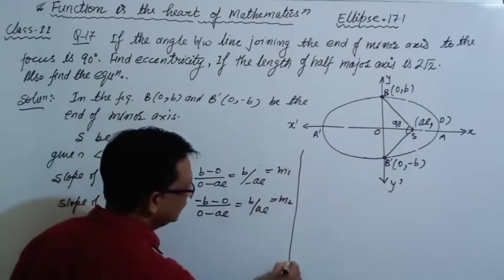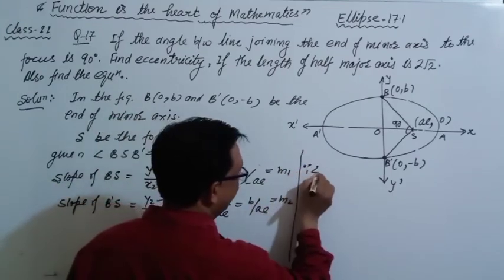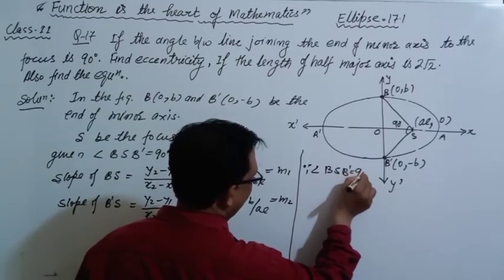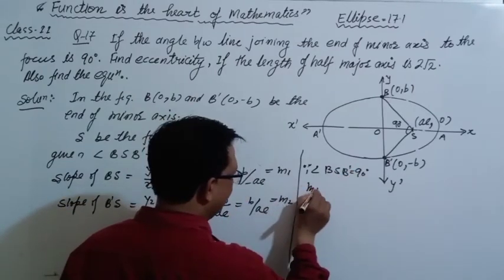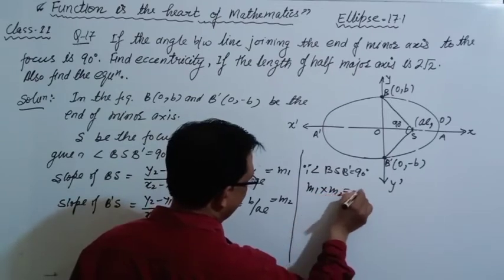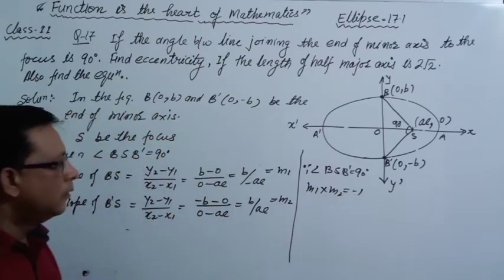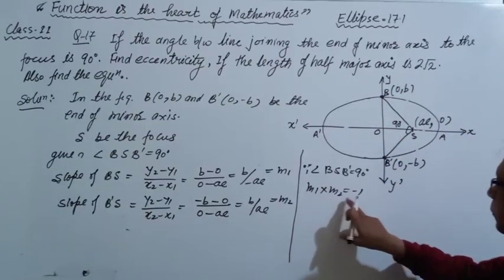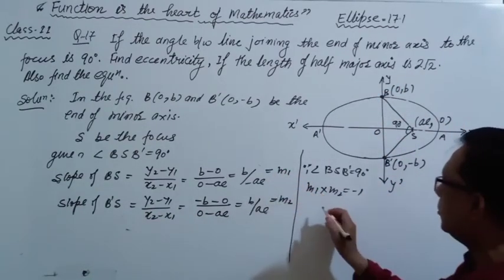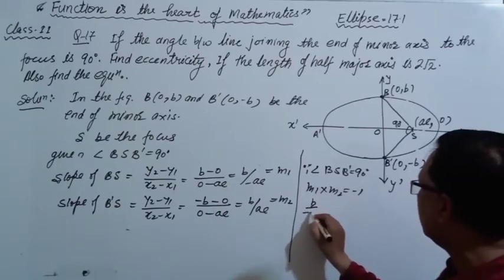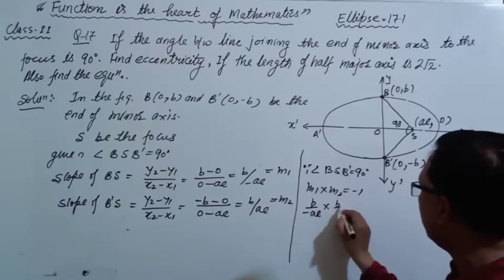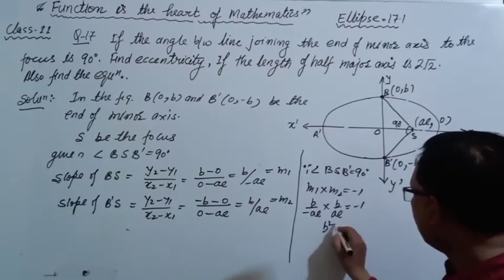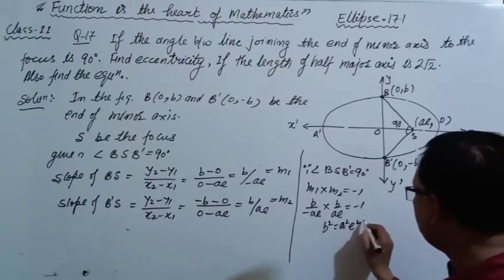Now students, since angle B S B dash is equal to 90 degrees, hence m1 into m2 is equal to minus 1. If two lines are perpendicular, then the product of slopes is -1. So here we substitute the values. So this is b upon minus ae into b upon ae is equal to -1. So b square is equal to a square e square.